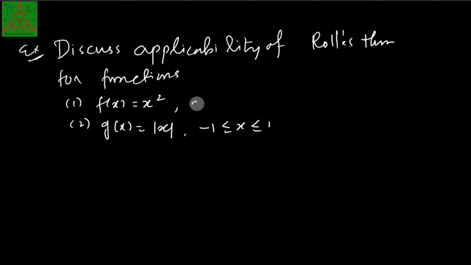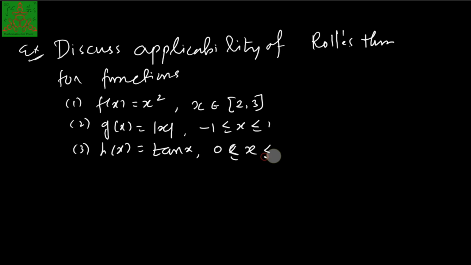Here the interval for the first is [2, 3], so x belongs to [2, 3]. And the third one, h(x) = tan x in the interval [0, π]. So these are the functions. We have to check whether we can apply Rolle's mean value theorem to these functions or not.